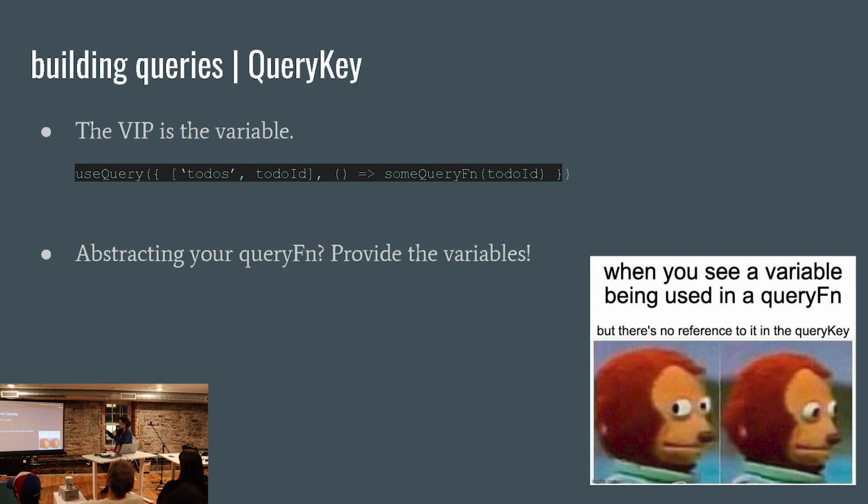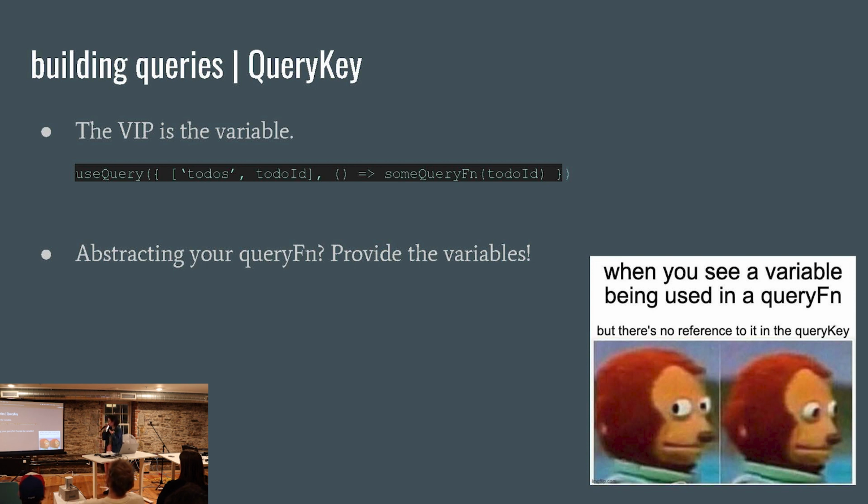So abstracting your query function, meaning, see here where it says some query function, we're not doing an anonymous function within that query. We're saying we're going to call that some query function, which pretend exists somewhere else.